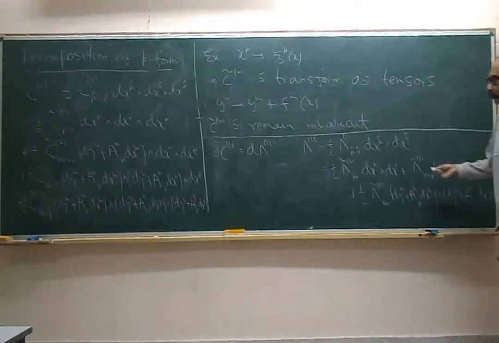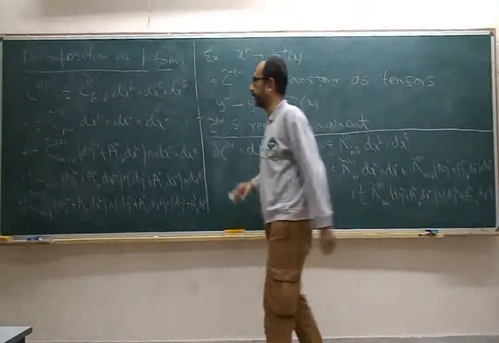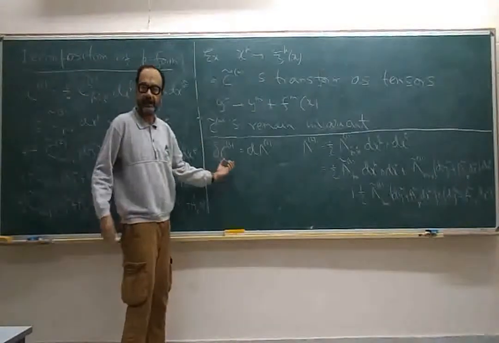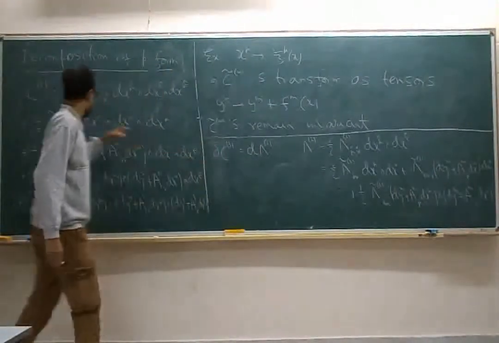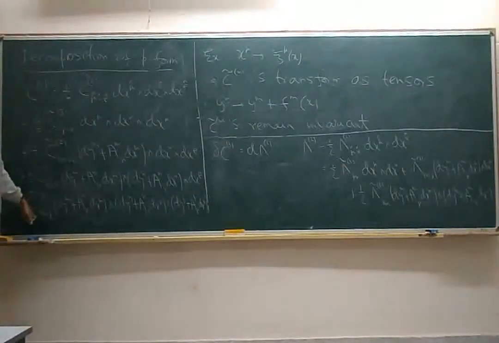And what you have to do now is substitute this here and see how the various components of C3 transform. So you have to calculate delta C3 by substituting this form of lambda 2, and try to reinterpret this as changes in these. Is that clear?